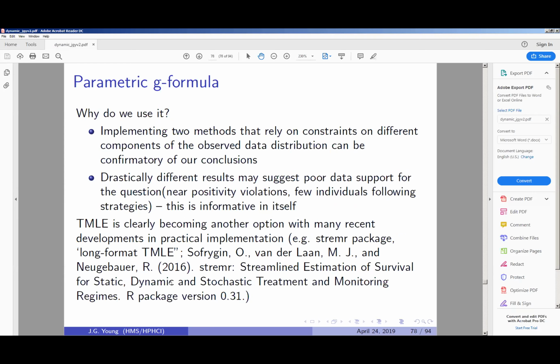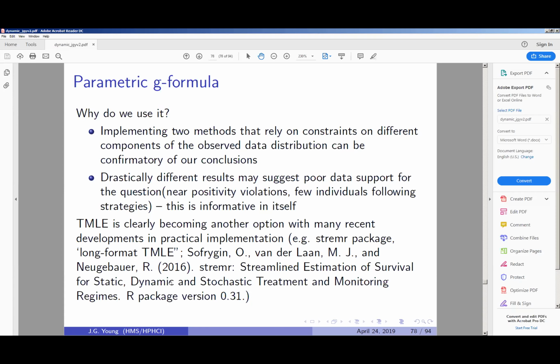Another reason why we use it is that in general, implementing two methods that rely on constraints on different components of the observed data distribution can be confirmatory of our conclusions. This is not true across the board, but in my experience, and I just came across an archive paper, which I was hesitant to post here because it's not peer reviewed, but I think the first author is Schoenfeld, from Cape Town, and he does a really nice comparison.